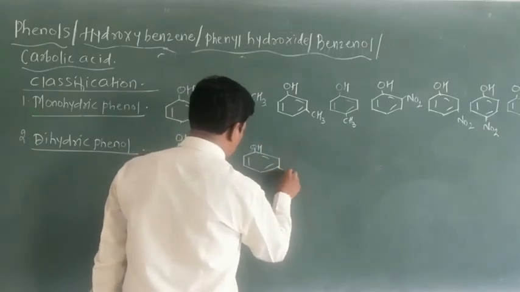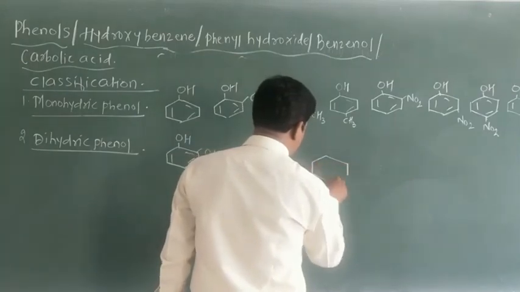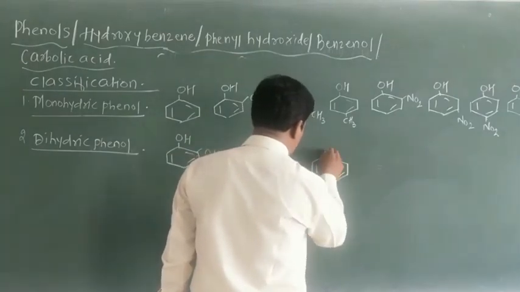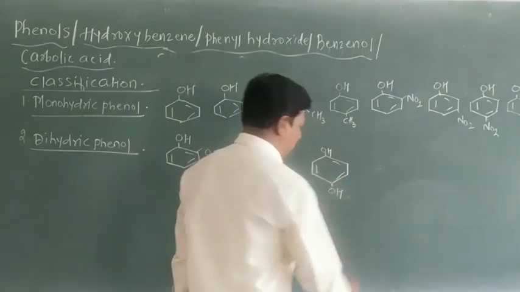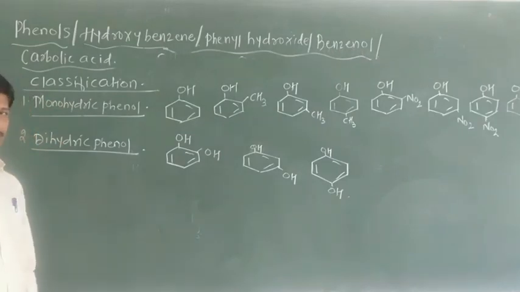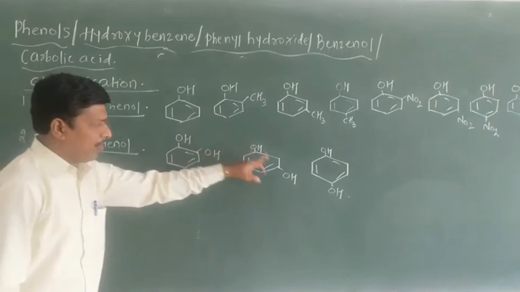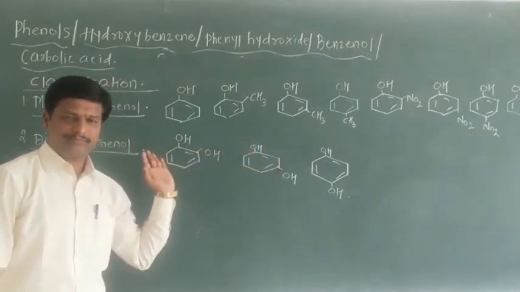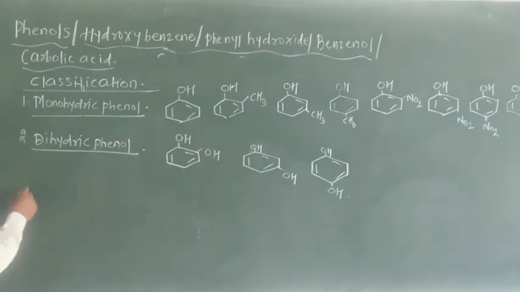Then the next example is like this, OH and OH. Now the definition of the dihydric phenol is very simple. It contains 2 hydroxyl OH groups. Understood? Simple meaning of the dihydric phenol.